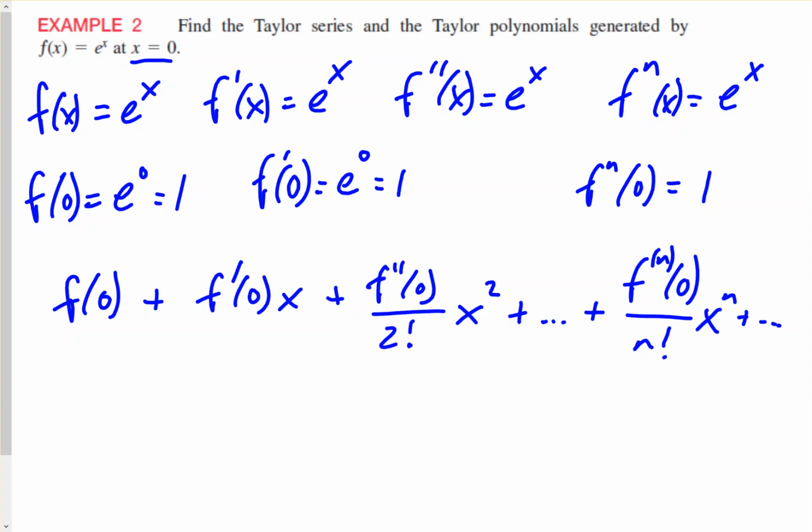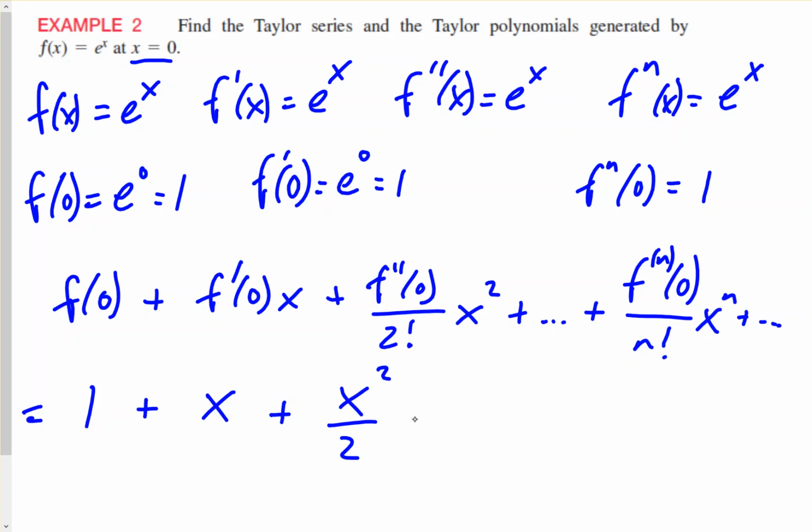Okay, and that means this simplifies too. Well, we get f of 0 is 1, and then f prime of 0 is 1, so 1 times x is x, and then f double prime of 0 is 1, so we have 1 over 2, so it'll be x squared over 2.